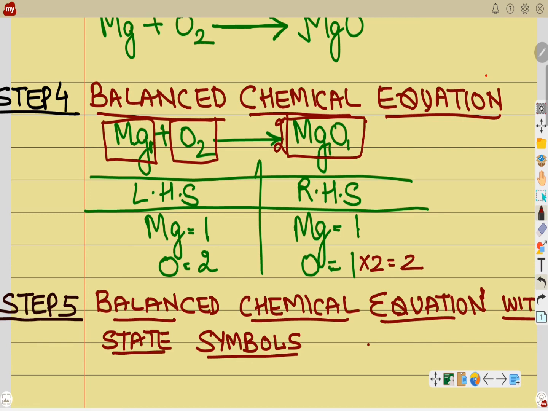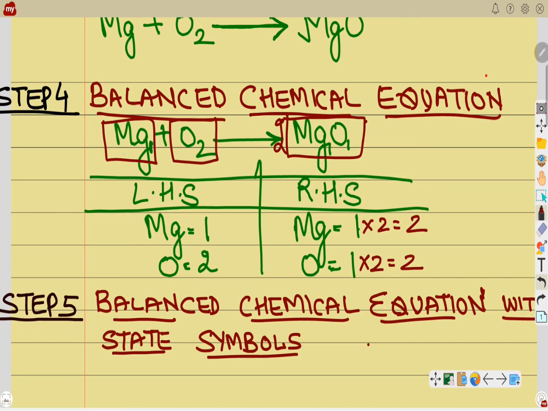But this 2 will be multiplied with magnesium also. So 1 into 2, magnesium has also become 2. We were trying to balance oxygen, but in turn we have disturbed magnesium. But this is called the hit and trial method of balancing a chemical equation.